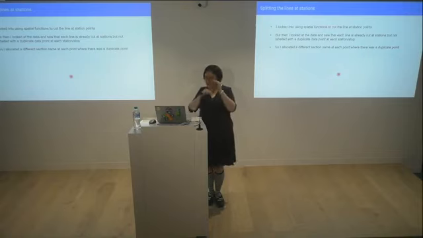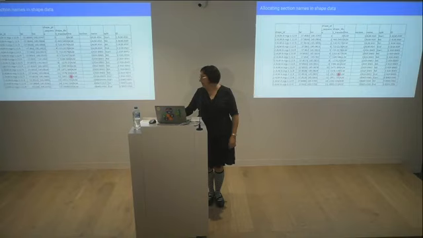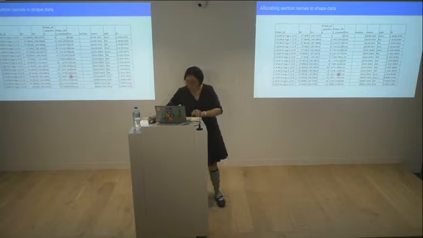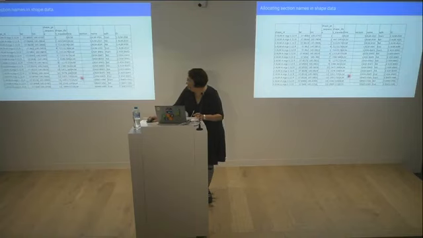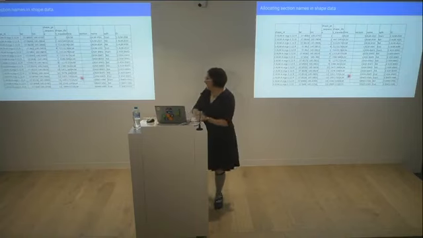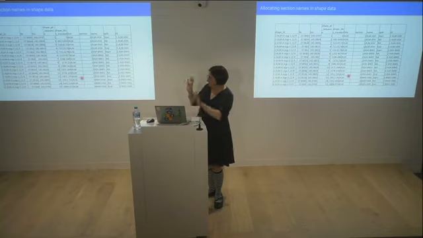So I figured out where the stations were, and I allocated different section names at each point where there was a duplicate point. So it looks a bit like this, which is a bit boring. You've got shape ID and the latitude and longitude, which define the point.